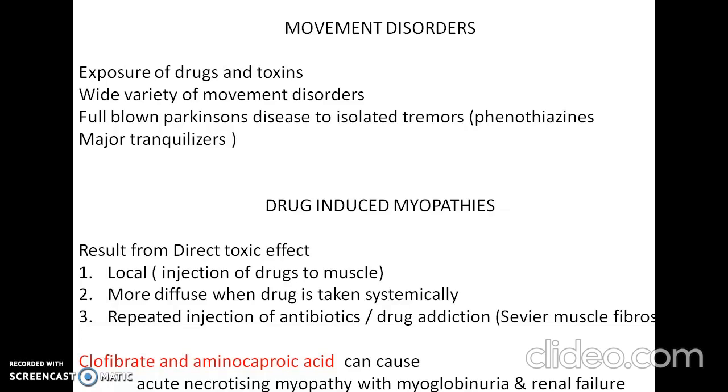Even repeated injection of antibiotics, or some drug addicts injecting drugs in the muscle, can lead to severe muscle fibrosis in such patients. Clofibrate and aminocaproic acid can cause acute necrosis, myopathy with myoglobinuria, and even renal failure. This is drug-induced myopathies.